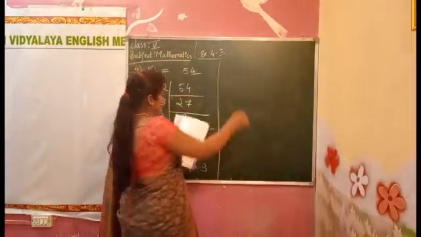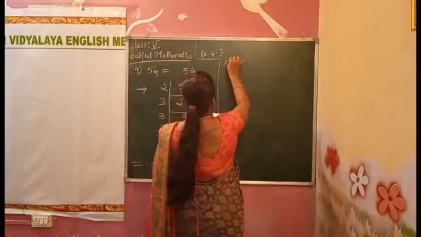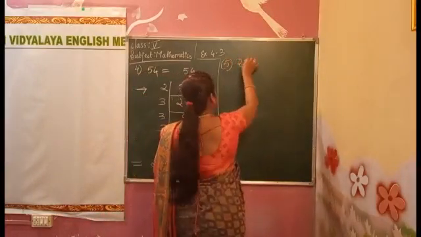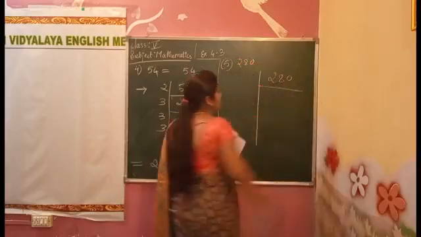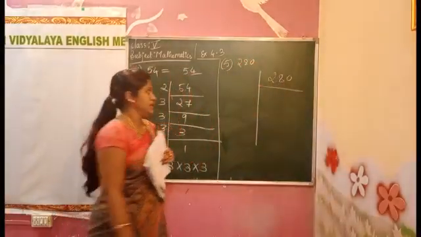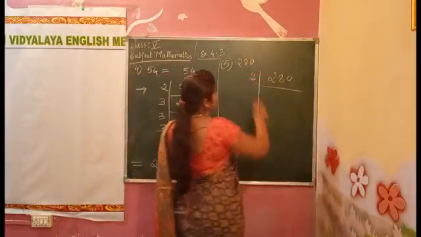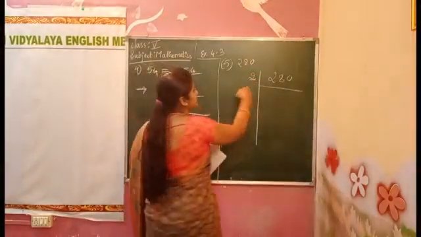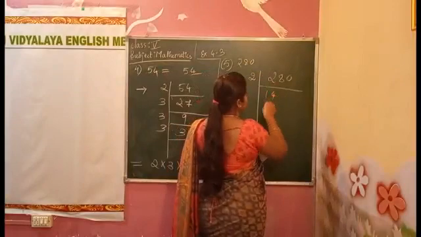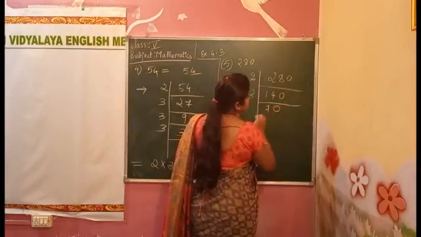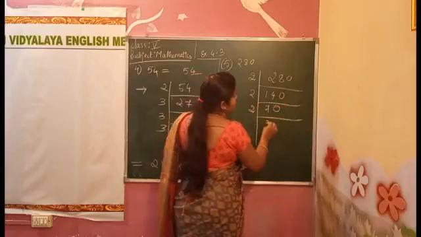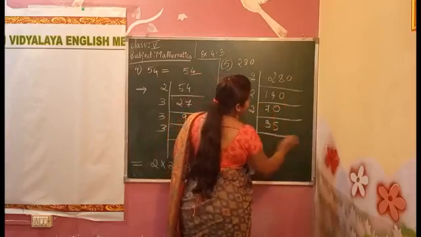Next one is 280. The next problem is 280. Now, we'll start with the 2 table only. 2 140s are 280. 2 70s are 140. 2 35s are 70.